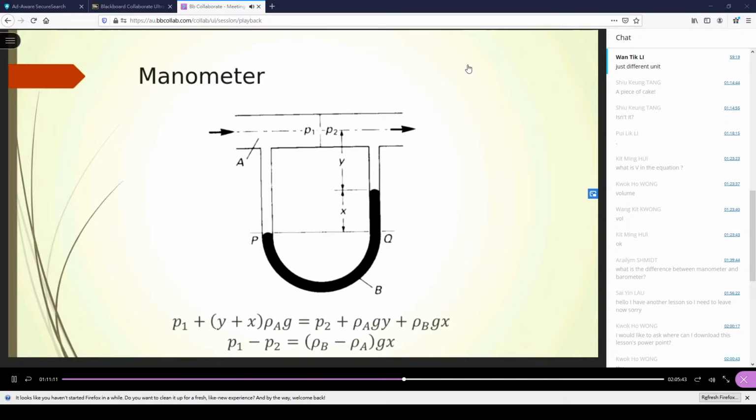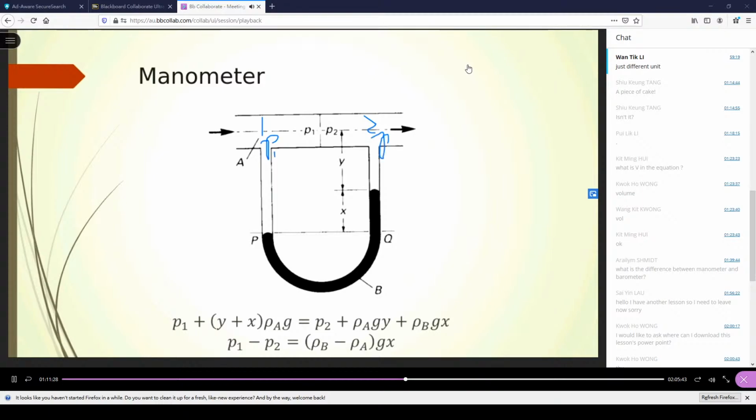So a manometer can be connected to any two points in a pipeline. Here is pressure 1, and here is pressure 2.